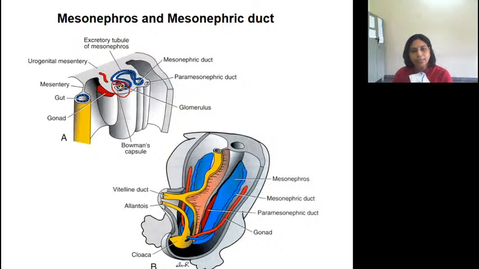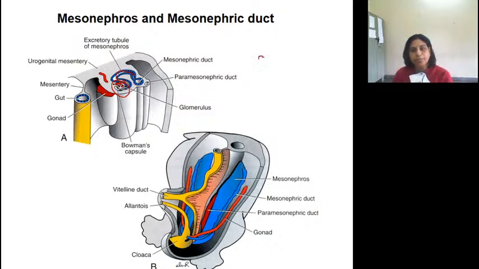This forms a cup-like structure, into which you see the glomerulus, and here the filtration occurs. This filtrated fluid will go through the mesonephric tubule, and finally this mesonephric tubule will go into the mesonephric duct.